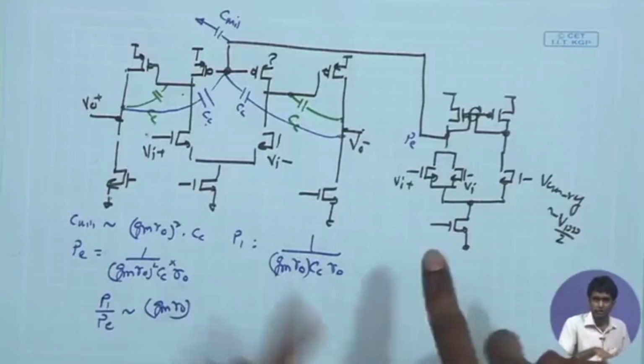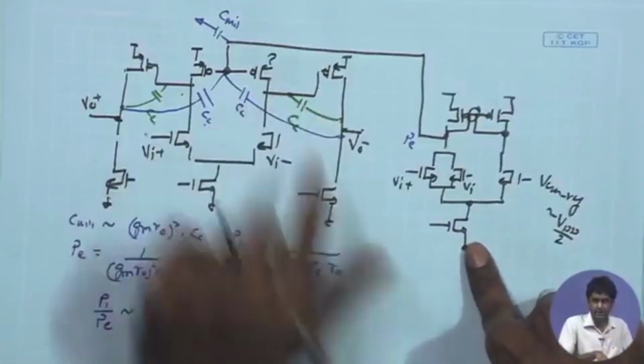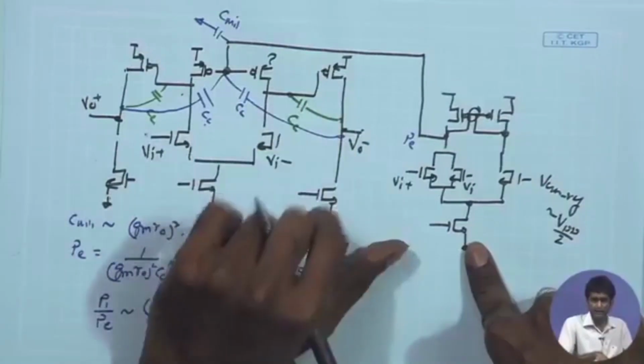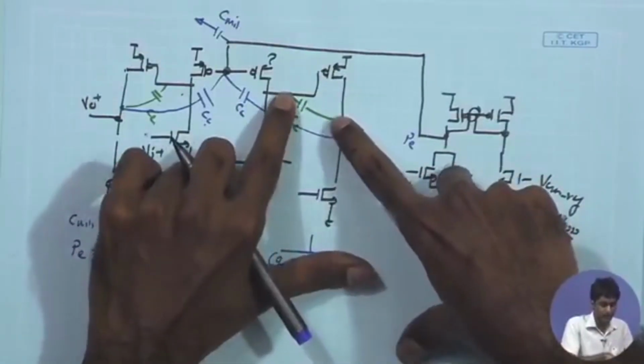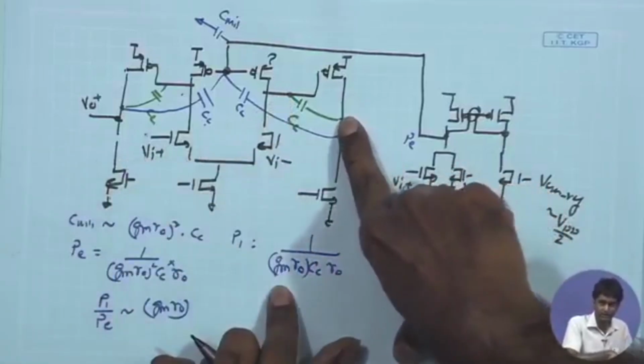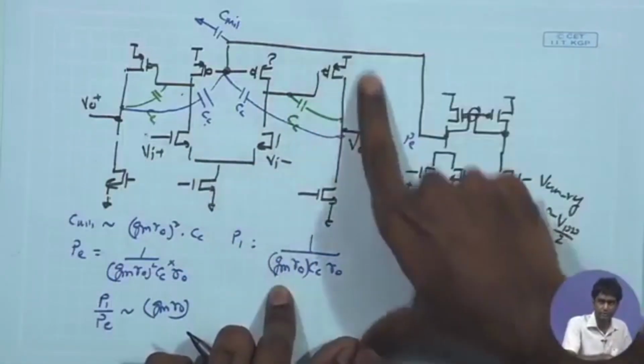And how is it ensured? If I use Cc over here, we have seen that the impedance at the second node, the output node, becomes approximately 1 upon Gm of that stage.